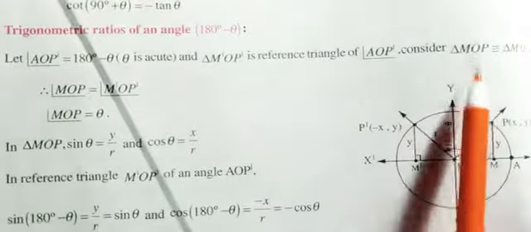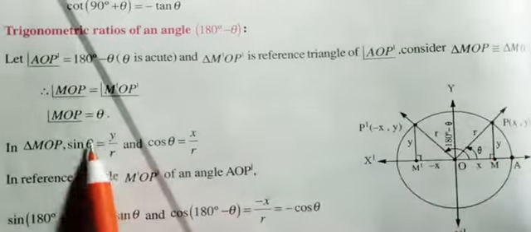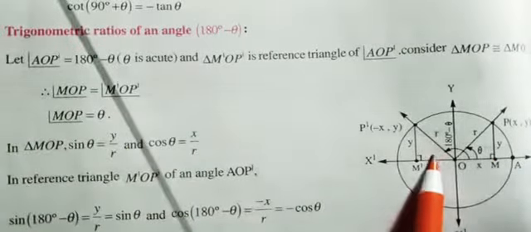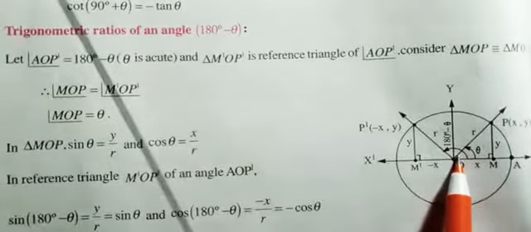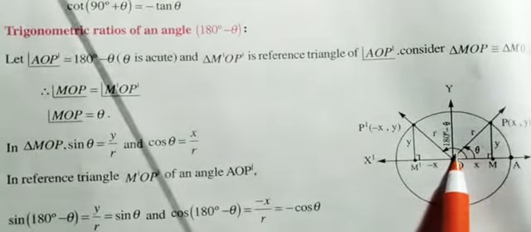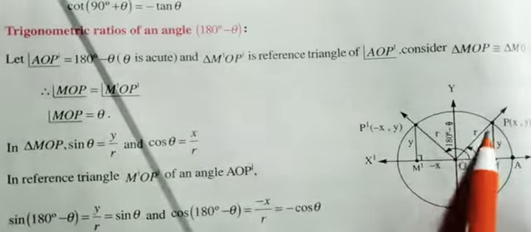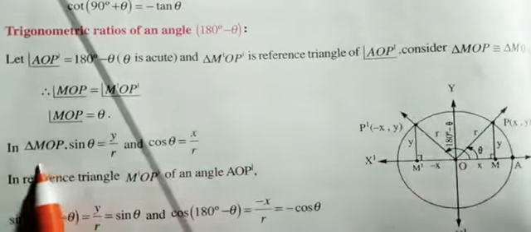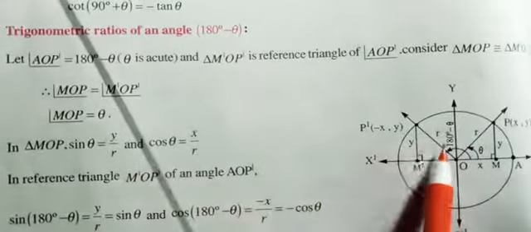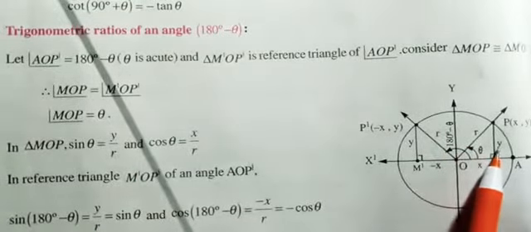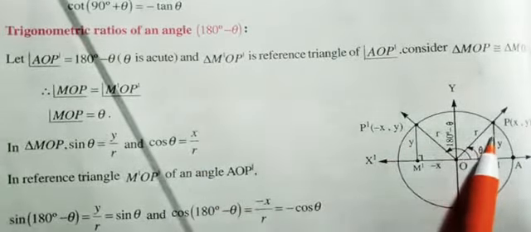Considering this triangle is congruent to this triangle, obviously angle MOP is equal to this angle. Now here MOP is equal to theta. So in triangle MOP, sin theta is equal to y by r, and cos theta is equal to x by r.